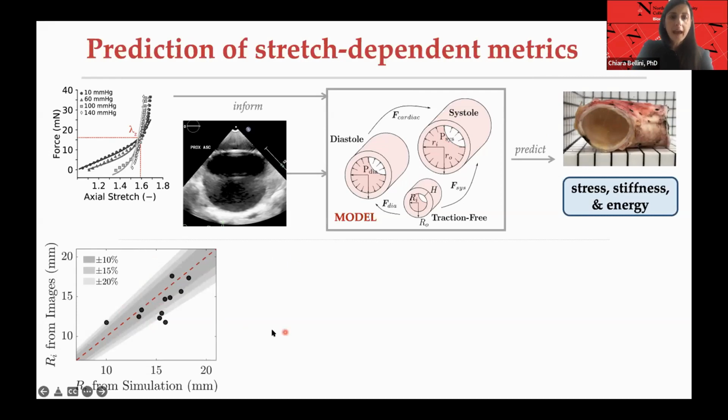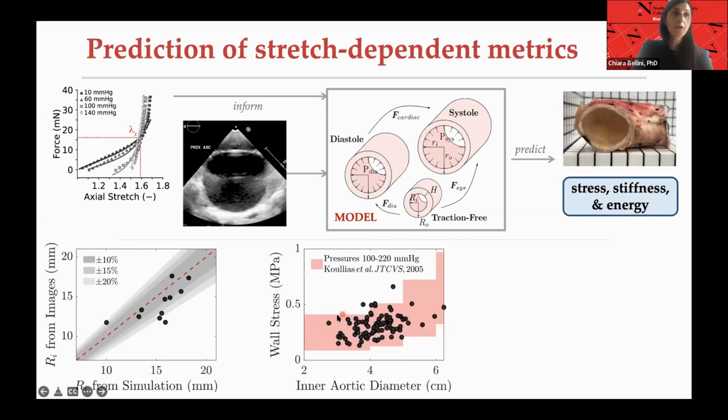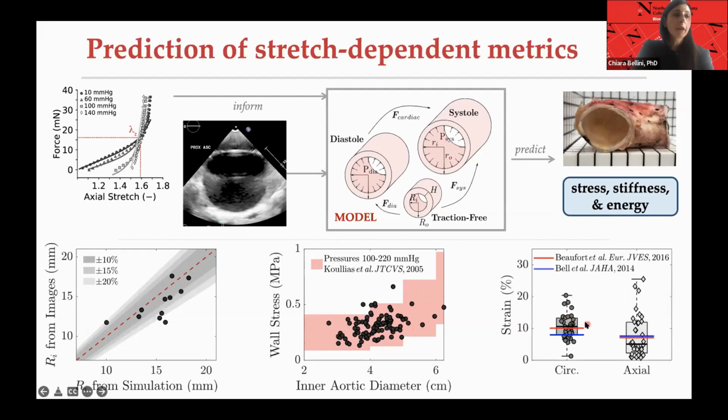We then showed that predicted values of circumferential stress fall within the range reported for patients with ascending aortic aneurysm for pressure between 100 and 220 millimeters of mercury, which again are the shaded area here in red, noting that the average systolic pressure for our samples fall within this range. Finally, our model was able to recapitulate cyclic strains as measured between diastole and systole in either patients with ascending aortic aneurysm, which is the red line here, or older patients, the blue line.